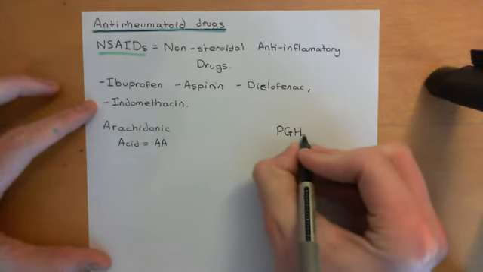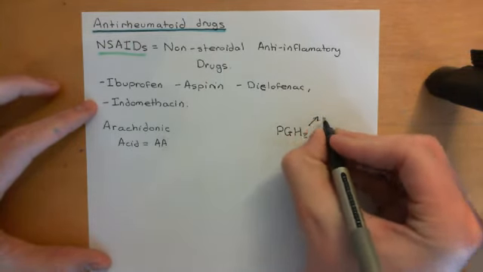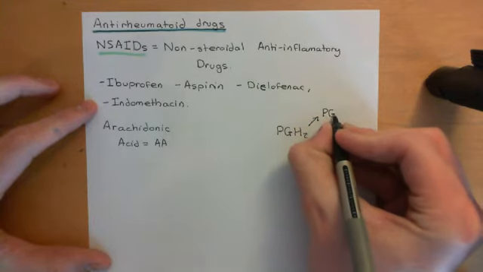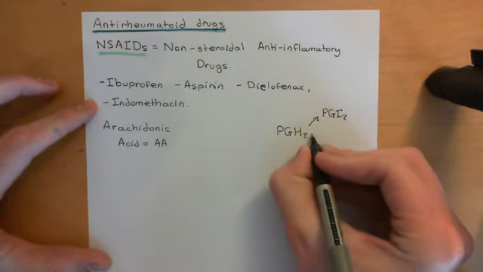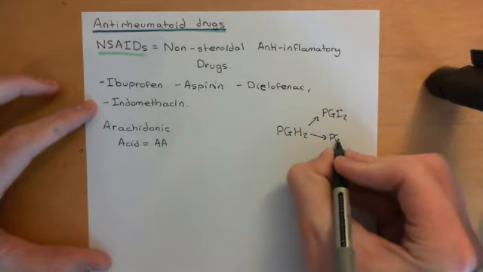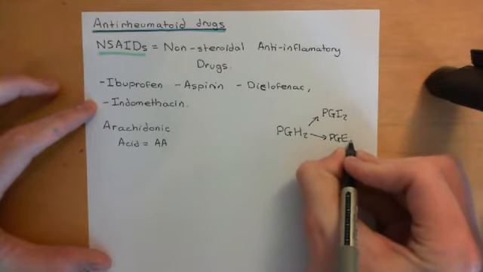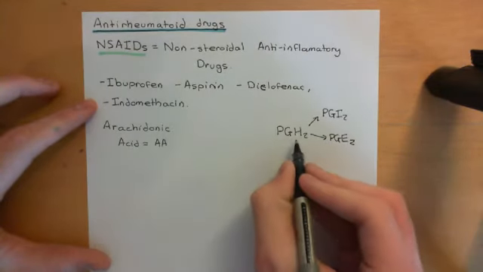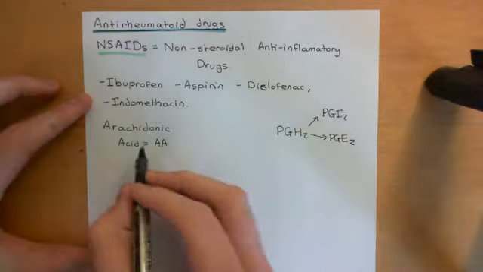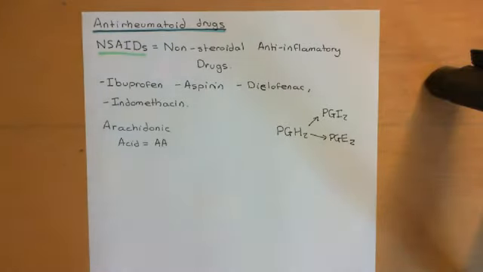Then you can convert prostaglandin H2 into the final prostaglandins such as prostaglandin I2 and prostaglandin E2. Now, how do you convert arachidonic acid into prostaglandin H2? And it's this conversion that the non-steroidal anti-inflammatory drugs are going to stop.